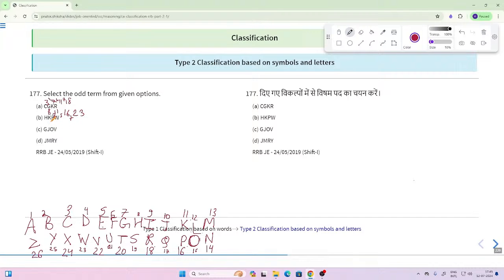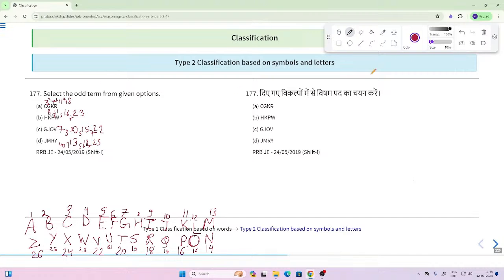G is again 7, J is 10, that's 3, O is 15, and V is 22. Just to double check, J is 10, M is 13, R is 18, and Y is 25. 3, 5, 7.